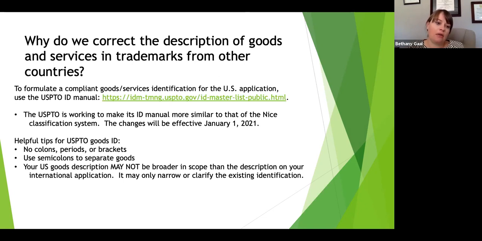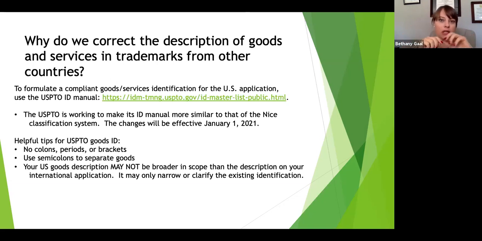And then a couple of just little nuances with the USPTO ID. We don't use colons, we don't use periods, and we don't use brackets, which I know most other countries do use, the brackets to kind of designate or specify something. So in the US, brackets usually mean to delete something, so we don't want to confuse that.